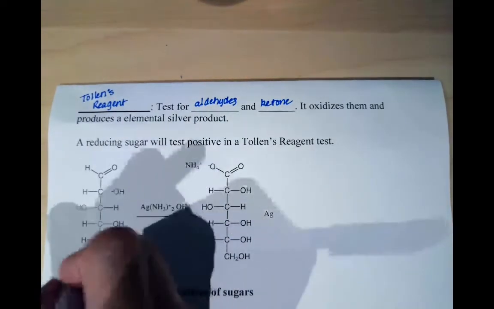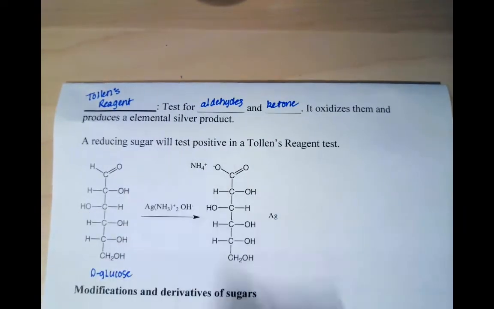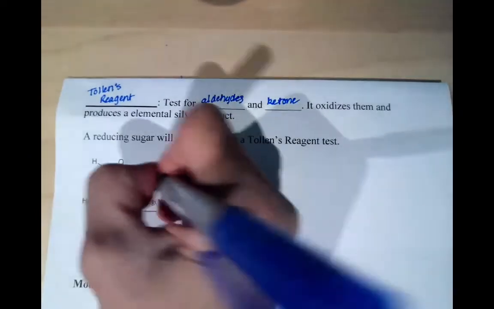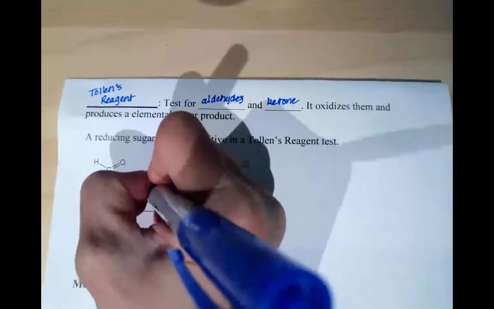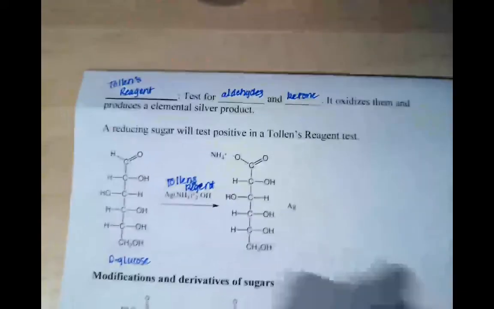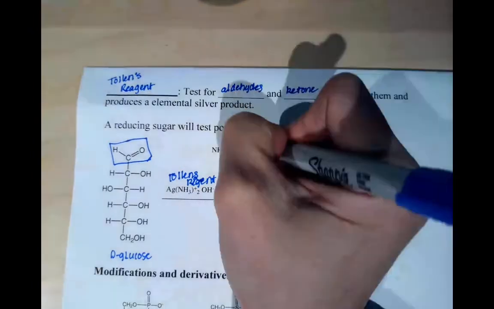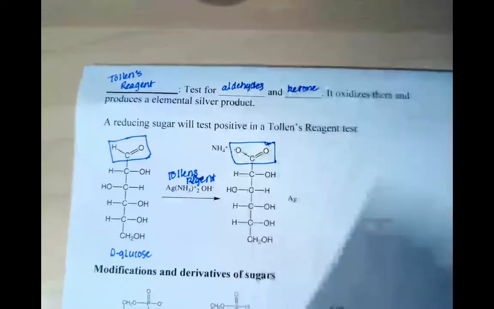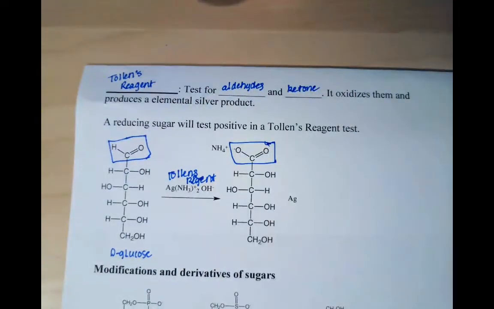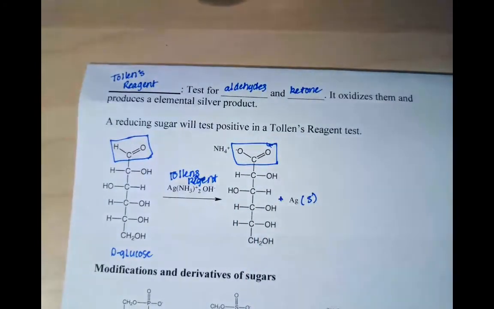So for example, here's D-glucose. It can react with Tollens reagent, where the Tollens reagent will oxidize the aldehyde group of D-glucose, the linear form of D-glucose, into a carboxylate functional group, and then also produces silver.